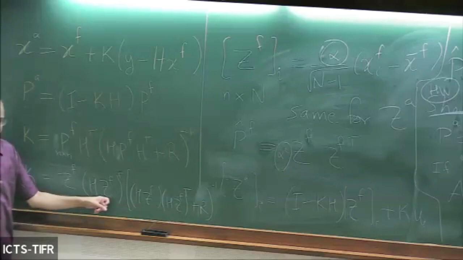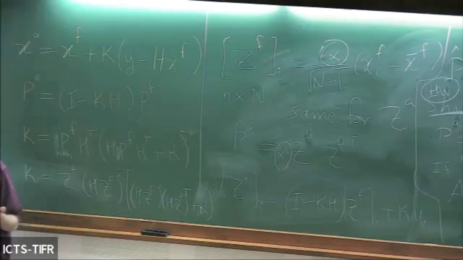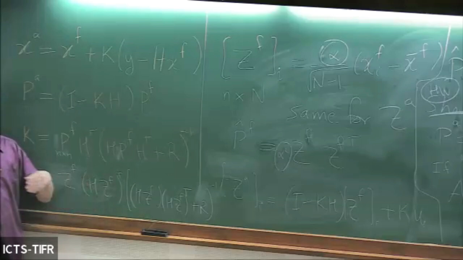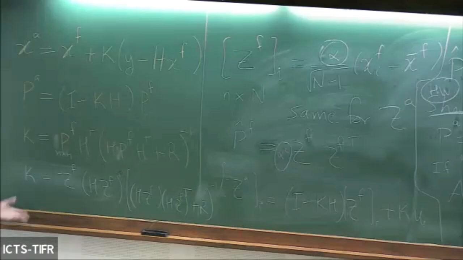What is H times ZF? What does H do? H takes you from the model space to the observation space. If the model space is dimension N, H times ZF will take you to which space? The observation space. So that should be m cross p, and that's easy to see.